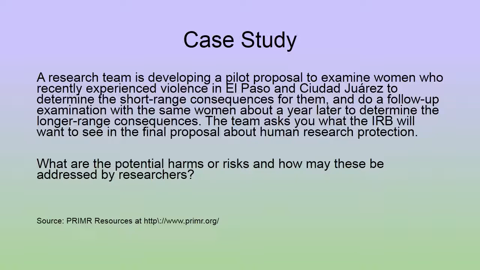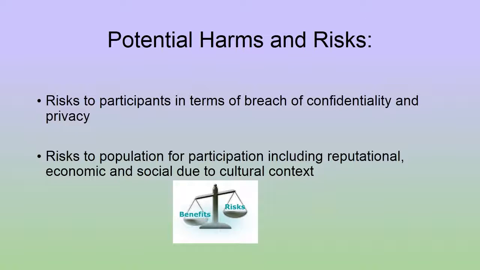What are the potential harms or risks, and how may these be addressed by researchers? Potential risks in the study depend on cultural context, and include informational, for example, privacy and confidentiality, reputational, economic, and social.